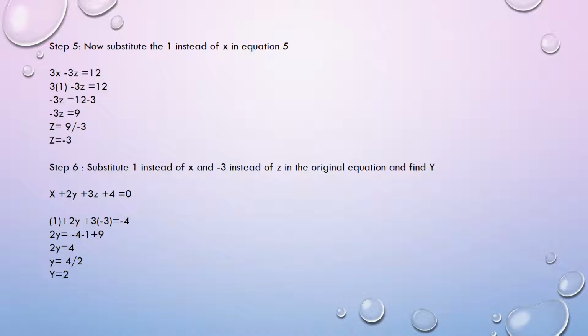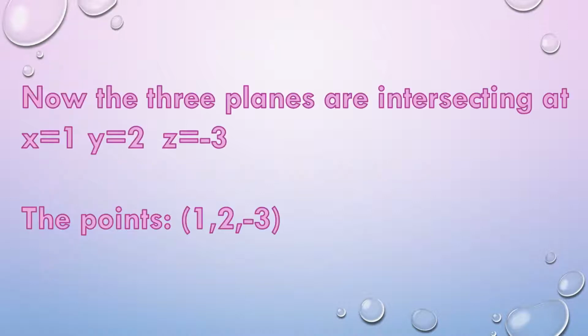So 2y equals 4, so y equals 4 divided by 2. So y equals 2. Now we found the point: x equals 1, y equals 2, and z equals minus 3. This is the point in which the three planes are intersecting.